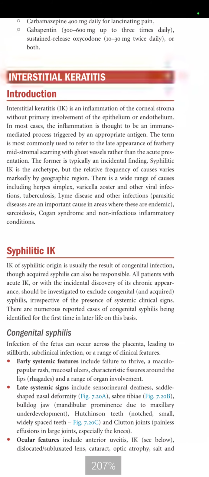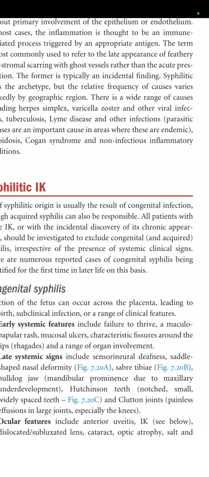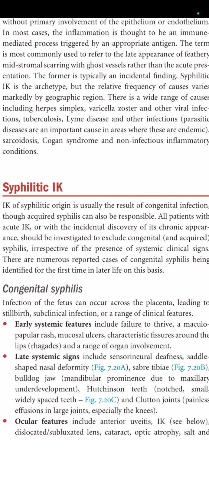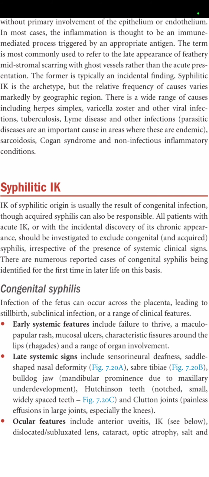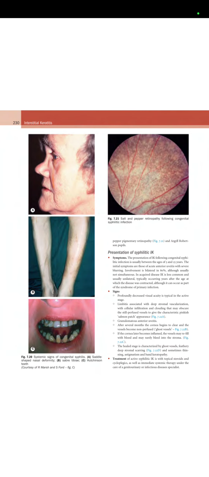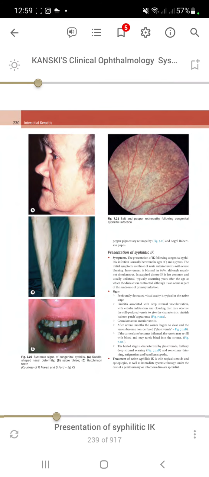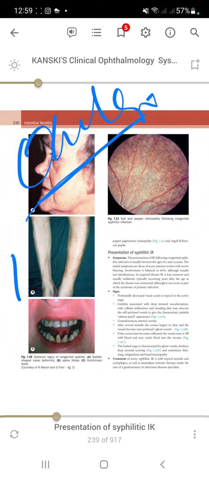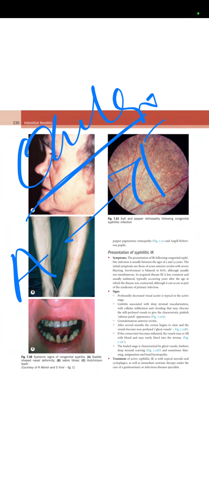Ocular features include anterior uveitis, interstitial keratitis, dislocated or subluxated lens, cataract, optic atrophy, salt and pepper pigmentary retinopathy, and Argyll-Robertson pupil. So these are very important things to remember ocular-wise, from anterior to posterior. Anteriorly, in the cornea, it causes interstitial keratitis.